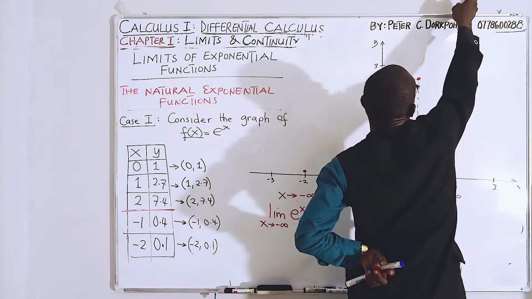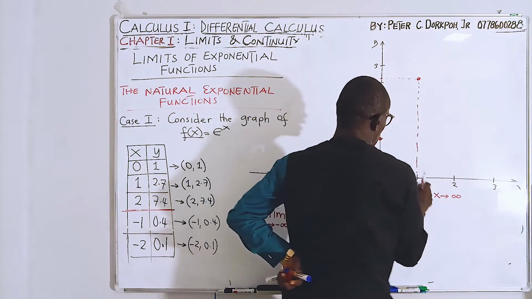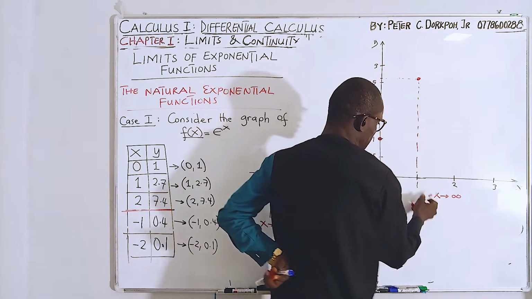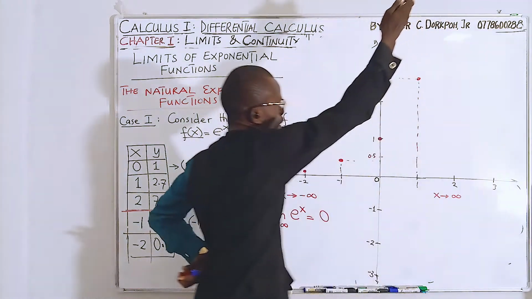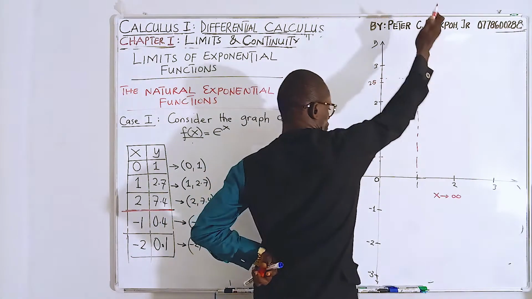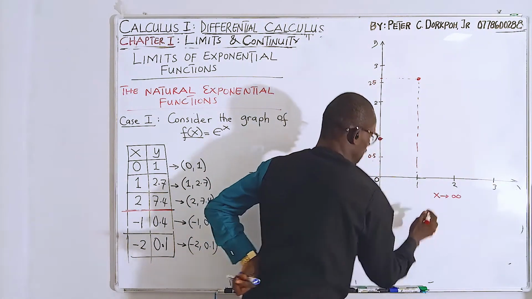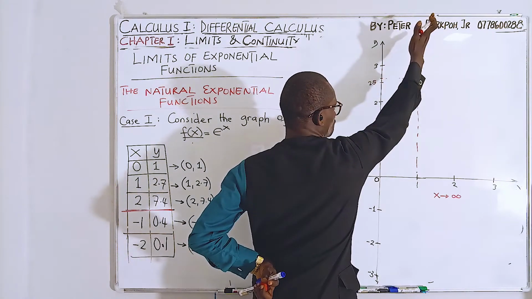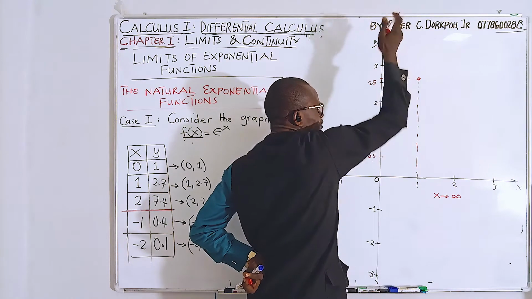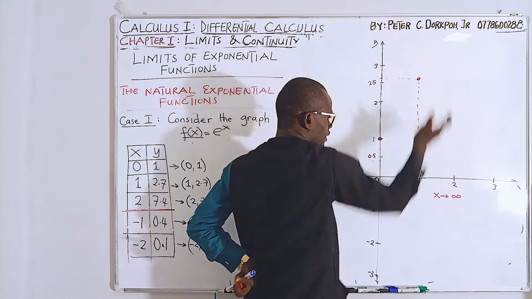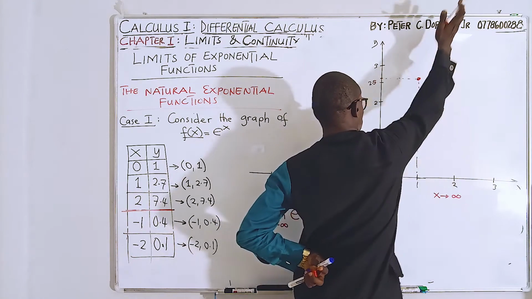It went all the way up. So the fact that y is increasing as x takes on positive values is going to continue in this direction. As x is approaching positive infinity, the function is just increasing infinitely in the positive direction.